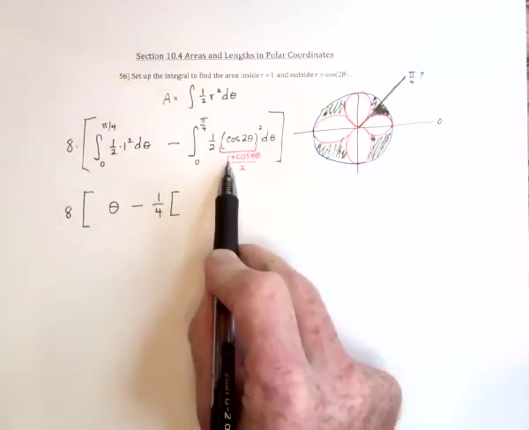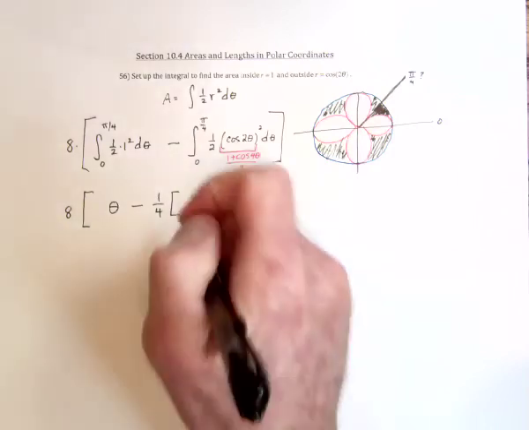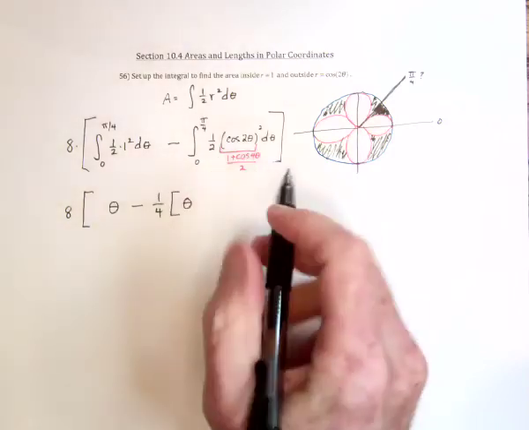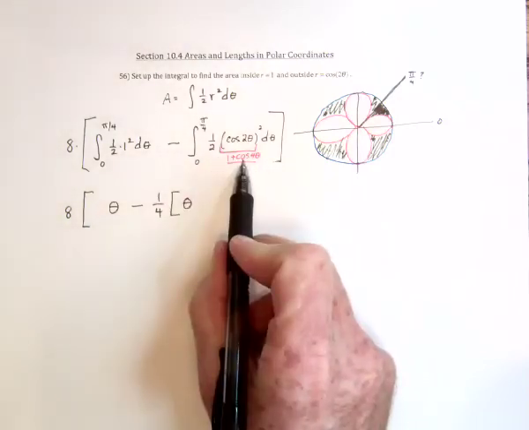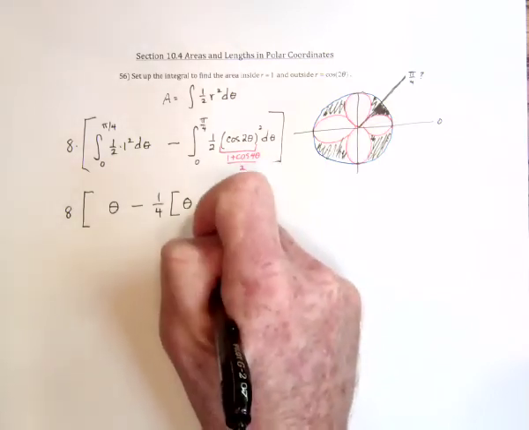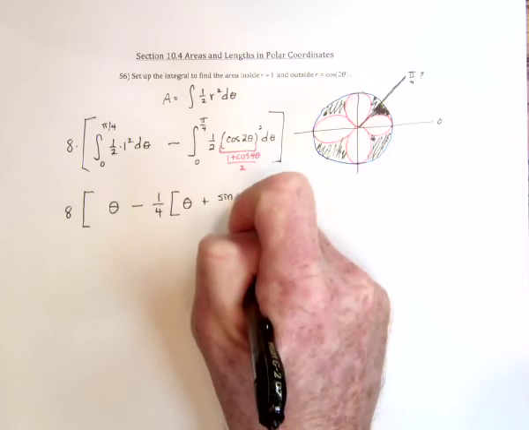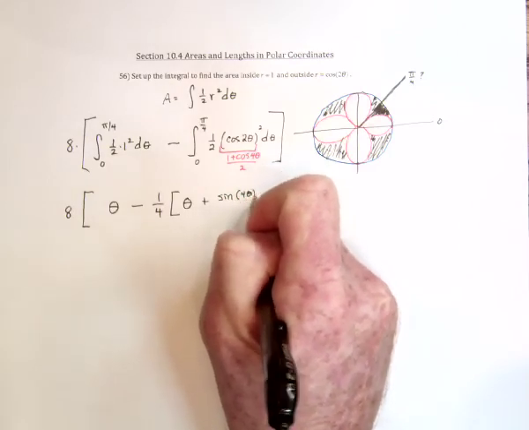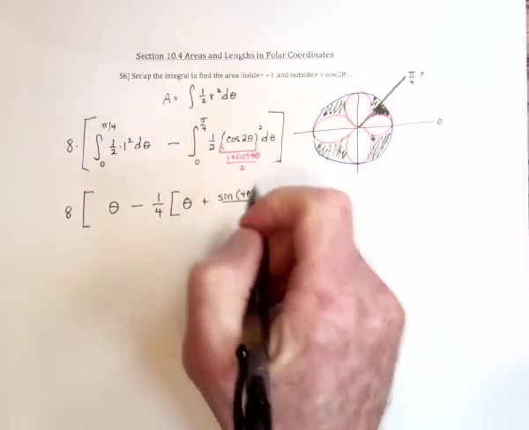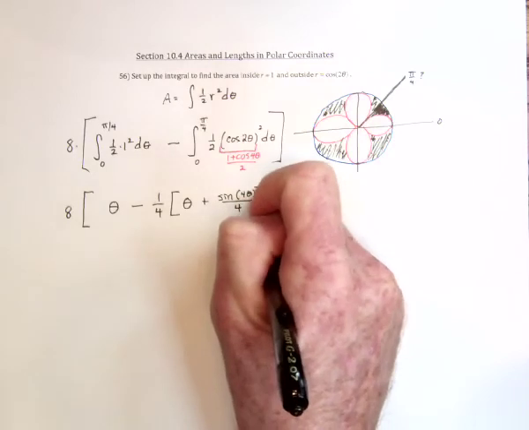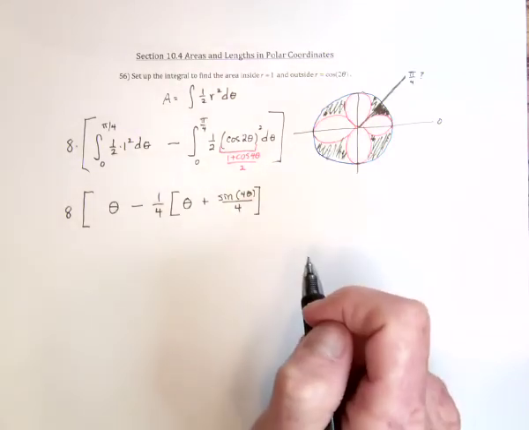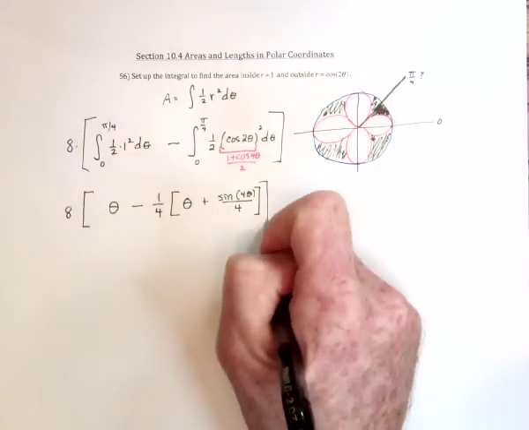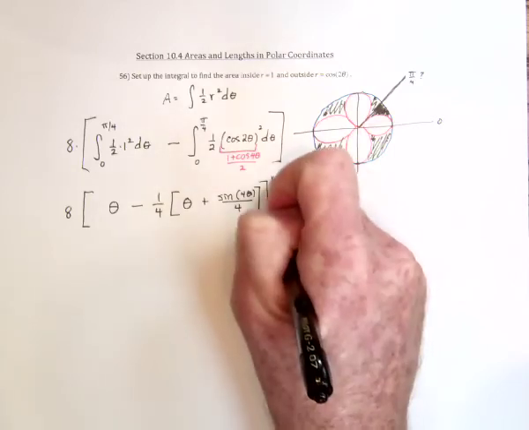And then we need to integrate the 1, so that's going to be theta. And then integrate cosine of 4 theta. So that's going to be sine of 4 theta. But then because of the chain rule, we need to take the derivative of the insides of 4 and divide by 4. Alright, then it's 0 to pi over 4.